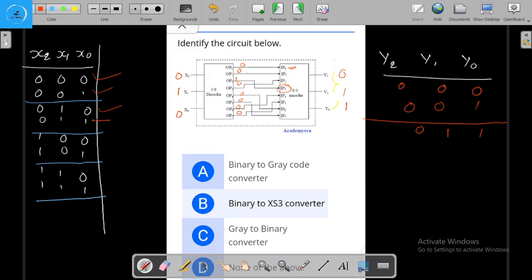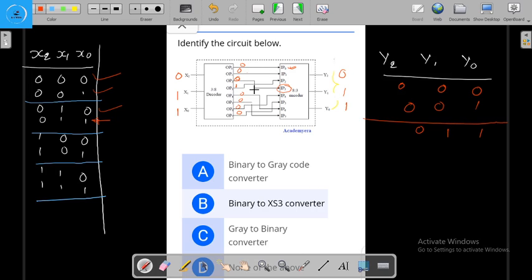Now we have moved to 0 1 1. For input 0 1 1, op3 will be activated, or will be equal to 1, and all the other outputs will be equal to 0.